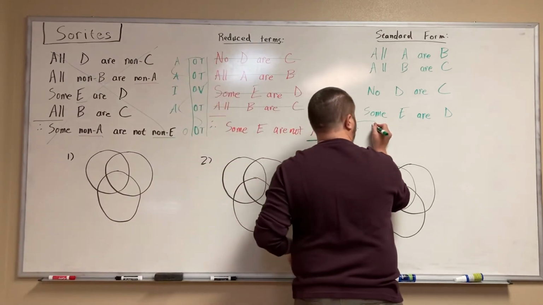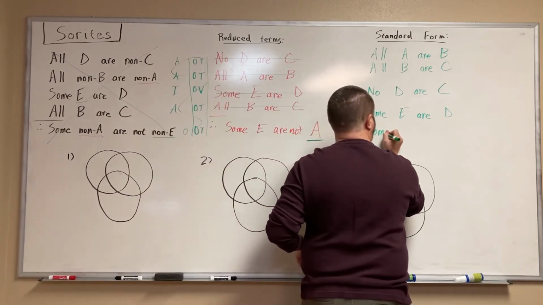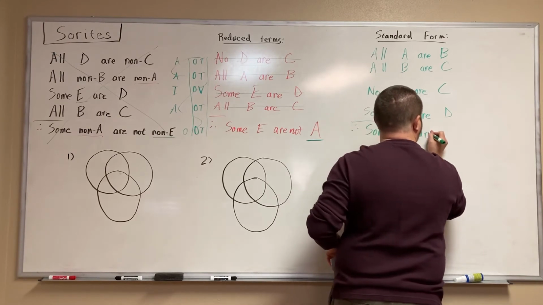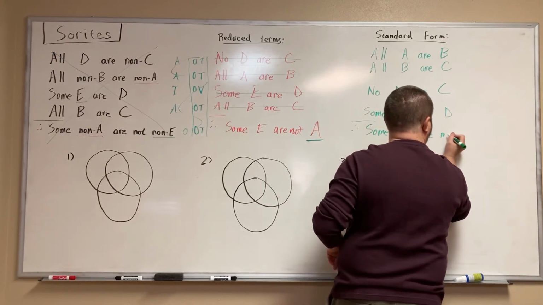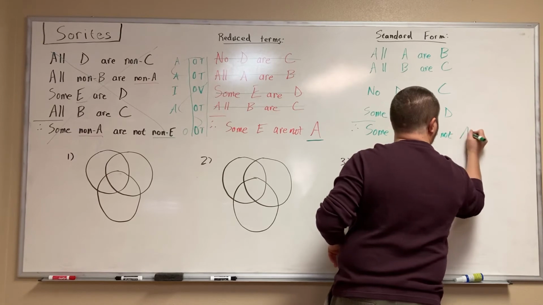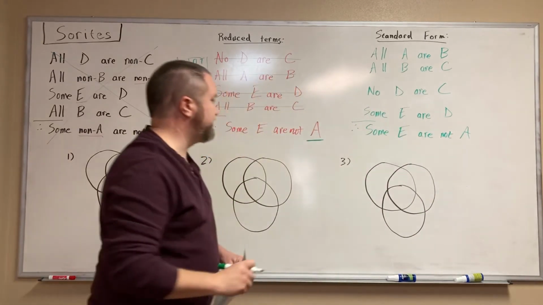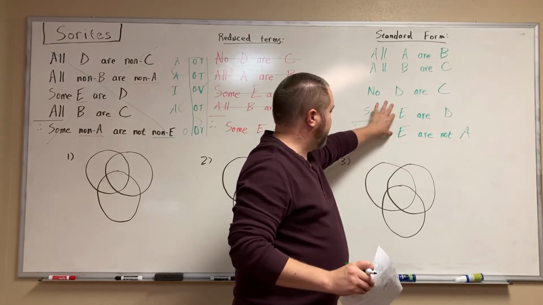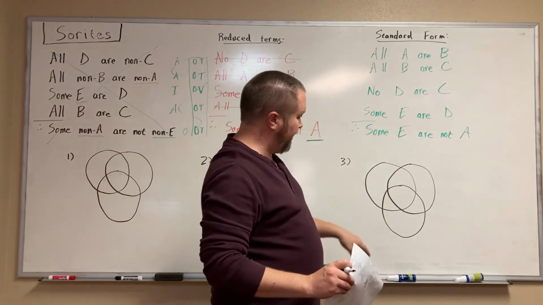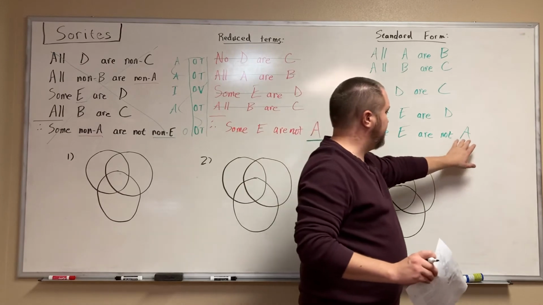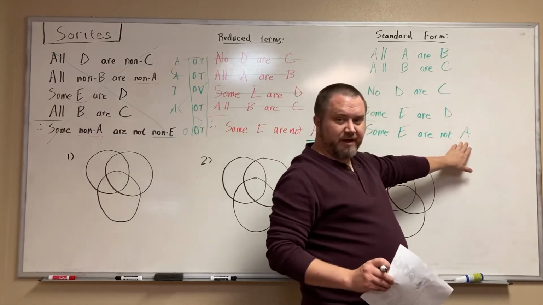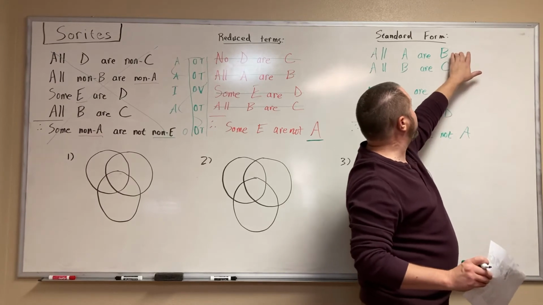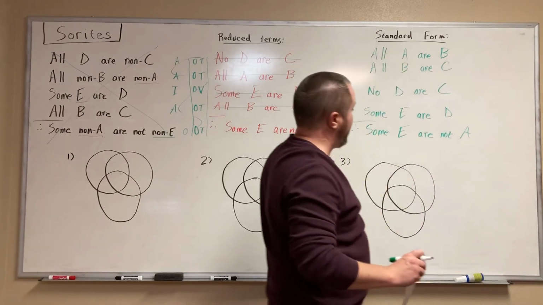Some E are not A. And just to double check, the middle term of these two is E, so we've used up the E. Make sure that the other term is back in your first premise, and it is A.